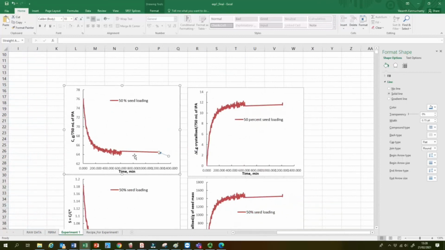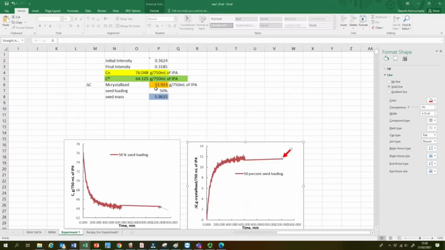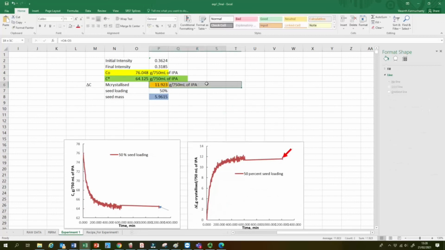So this is your concentration, and the same rule applies. Maybe I can change it to green or red. Just follow the red arrow. We started the experiment at time t equal to 0, when nothing was crystallized, so zero mass getting crystallized. And then when you reach equilibrium, you crystallize roughly 11.923.